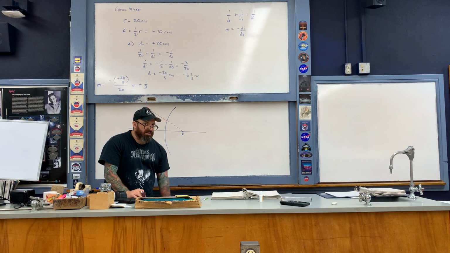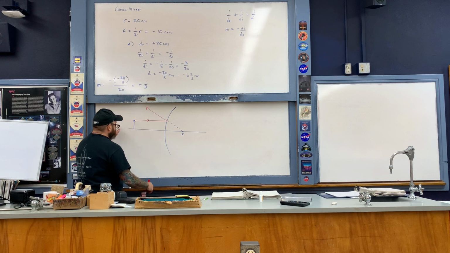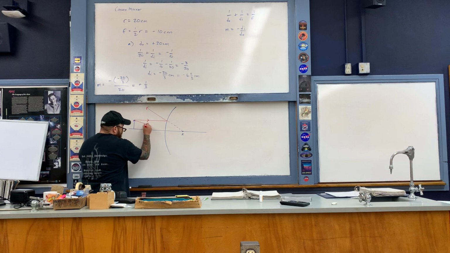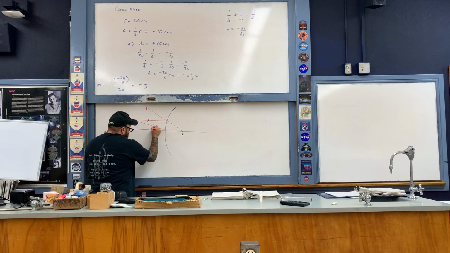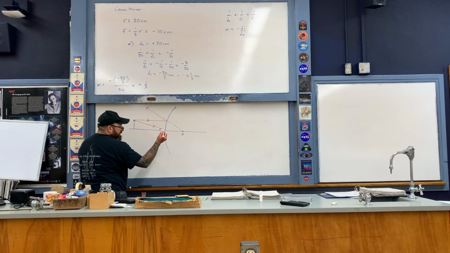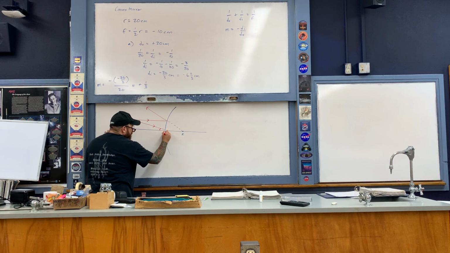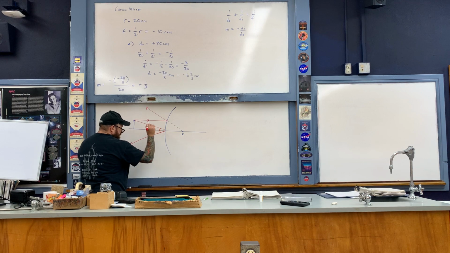And now what about a second light ray? Well, the second light ray that we always draw for the convex mirror is a light ray that goes from the tip of the arrow, once again, down here to the center of the mirror. The reason why we always draw this light ray is because you can see right here the angle of incidence, and then therefore you just reflect at the same angle, like so.